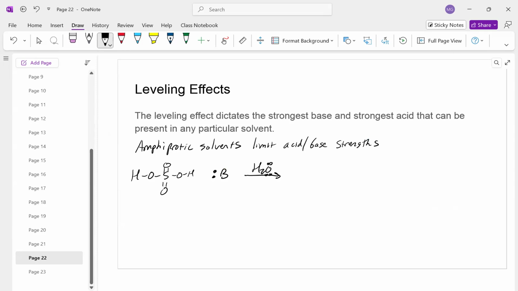So I've got one base trying to pull off this hydrogen, and I've got another base trying to pull off that hydrogen. The end result is going to look like this. I've got the bisulfate ion there after sulfuric acid is deprotonated. If water acts as a base, it'll make hydronium. And then if the base acts as a base, we'll get this.